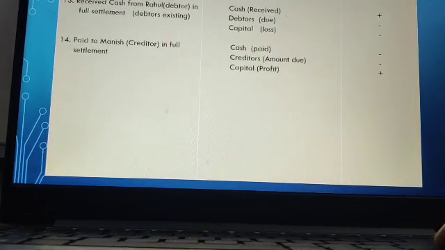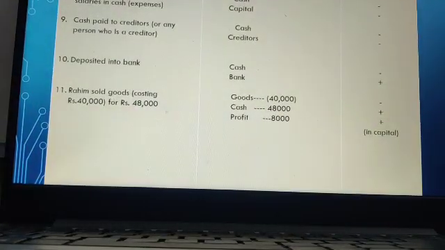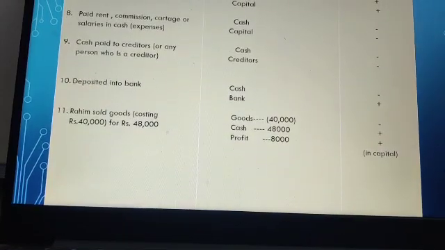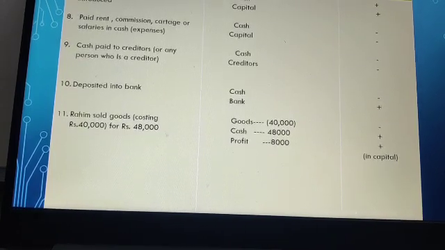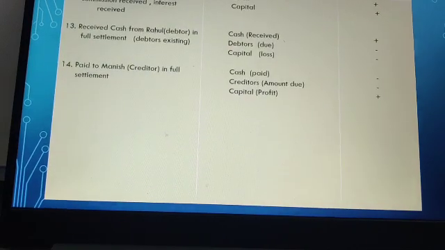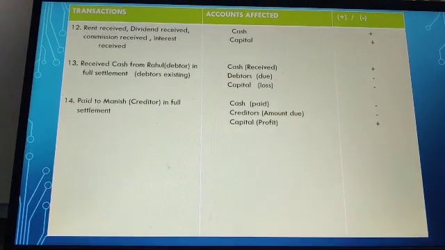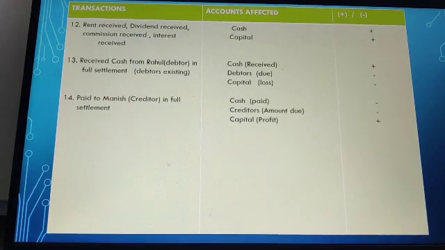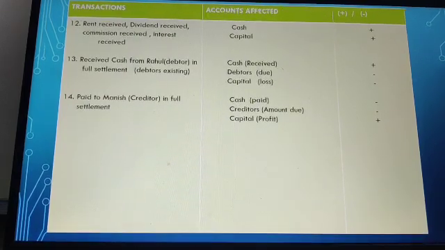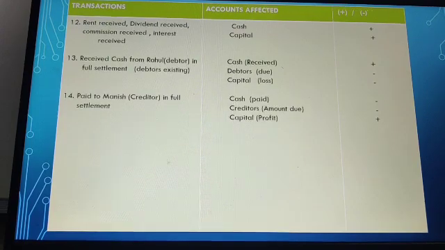Now, as we discussed, paid salaries, paid rent, commission, cartage, etc. These are all expenses that reduce your cash as well as your capital. However, when you receive the rent, the dividend, any kind of commission, or any kind of interest, that increases your cash.